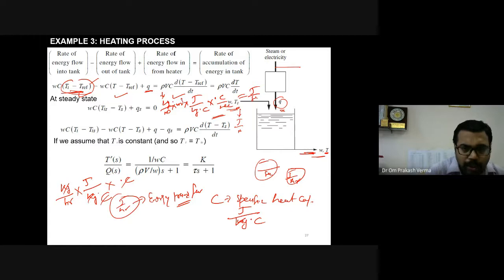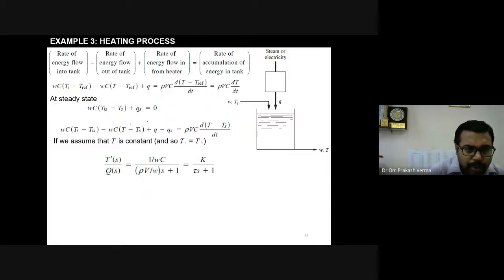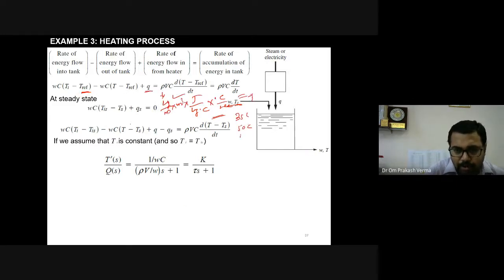Now the question is why we have taken T reference. The answer is, let's say the temperature of the inlet flow rate of this tank is 35 degrees Celsius or 50 degrees Celsius or 60 degrees Celsius.